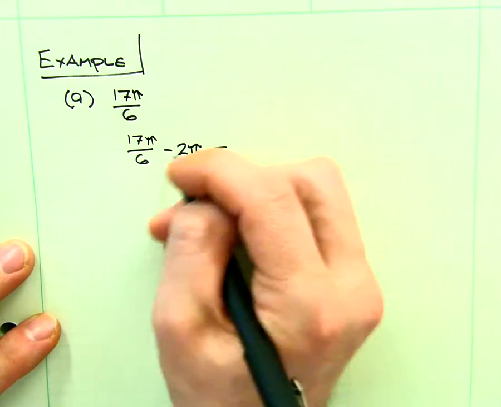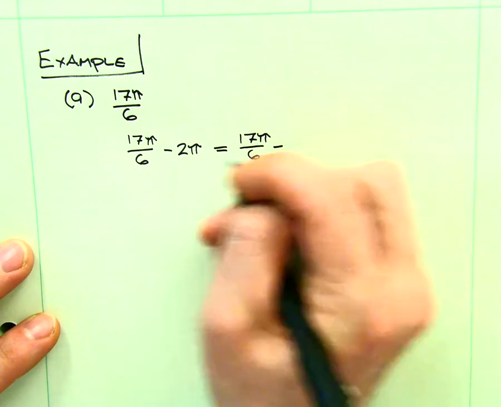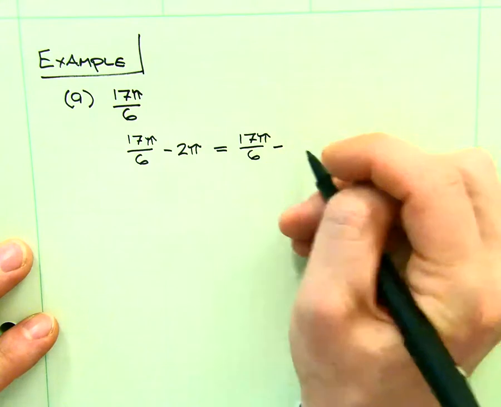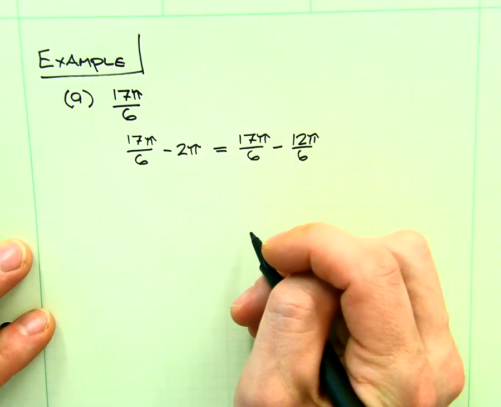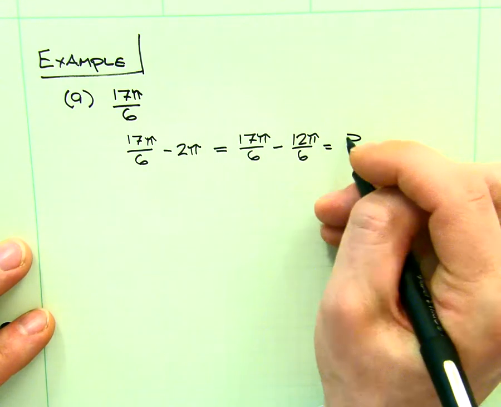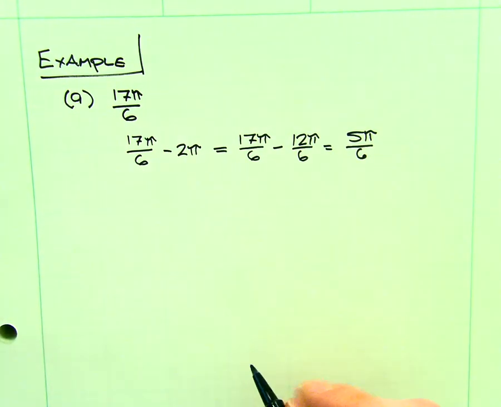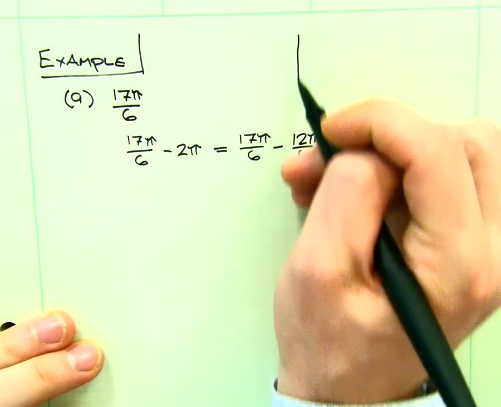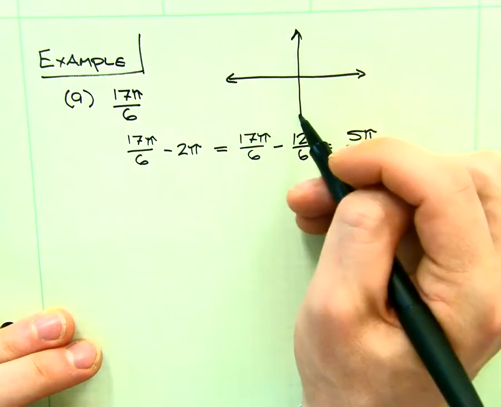So 17 pi divided by 6, minus, instead of 2 pi, I'm going to multiply top and bottom by 6 and get 12 pi divided by 6 so that they have common denominators. Now I've got 17 minus 12, so we've got 5 pi up top divided by 6. Excellent. Now I'm going to sketch this out, just like I did with the degrees.